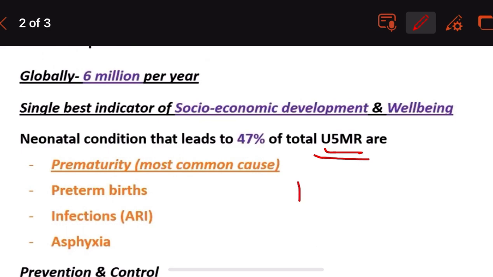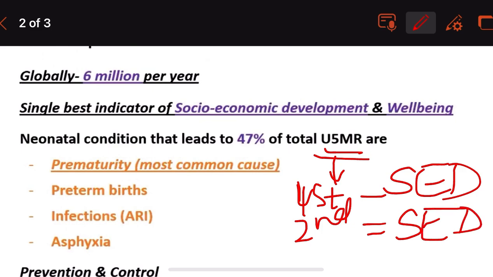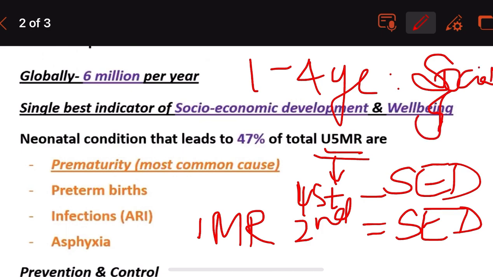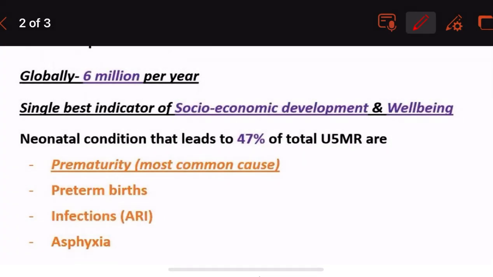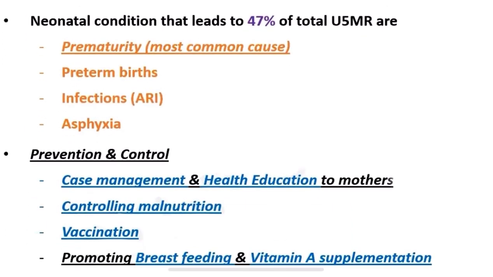The under 5 mortality rate is the first best indicator for socio-economic development, and the second best indicator is the infant mortality rate. Then what about 1 to 4 year? It is a social status indicator. That's all.